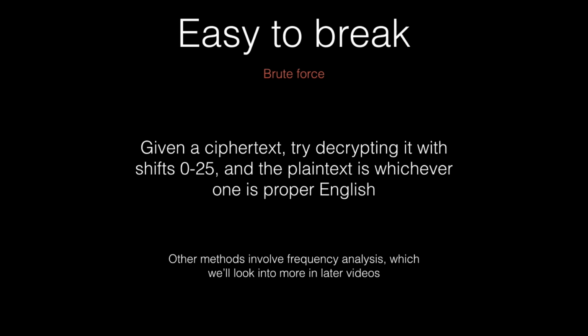So if our attacker receives or eavesdrops a ciphertext, he can just try decrypting that ciphertext with all the shifts 0 through 25 and determine which of the results is the actual plaintext just by looking at it and seeing which of the 26 plaintexts he gets actually makes sense and contains proper English, essentially.